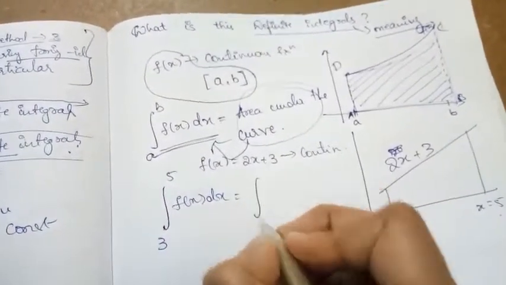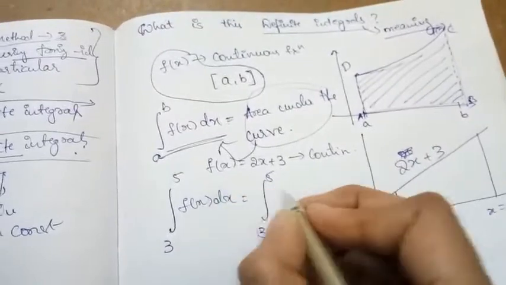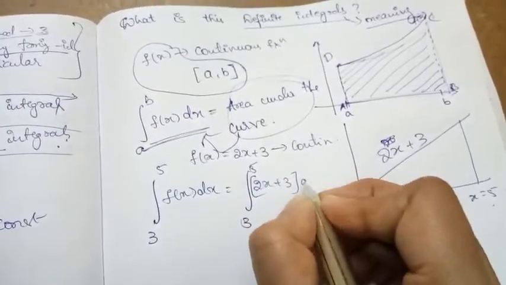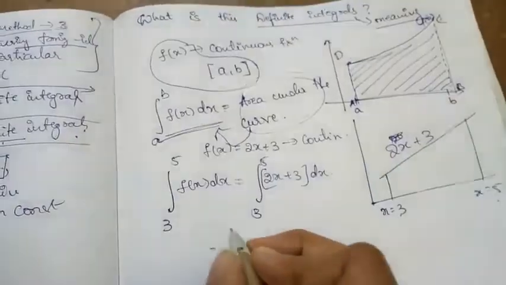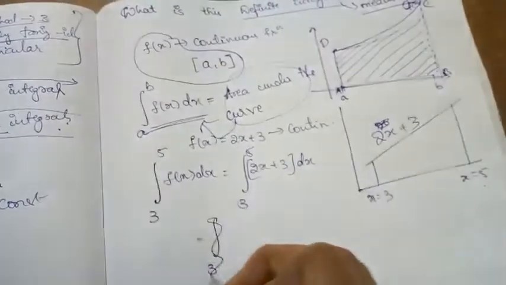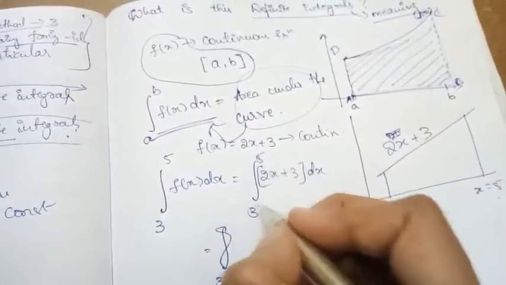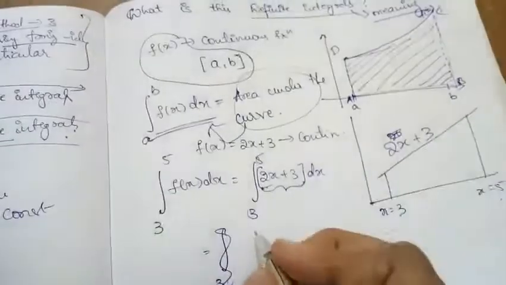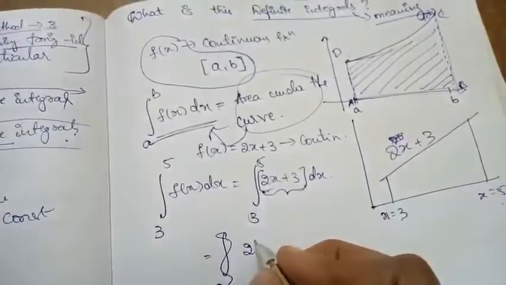So what happens? Integration from 3 to 5 of 2x plus 3 into dx. Don't bother about the upper limit and lower limit for now, just integrate the function. What is the integration of 2x plus 3?